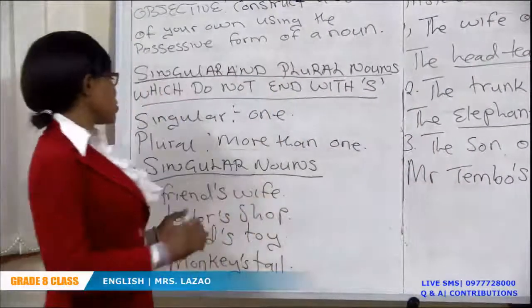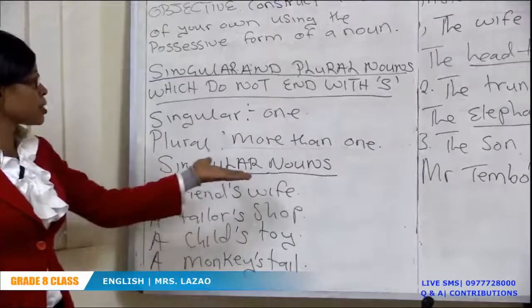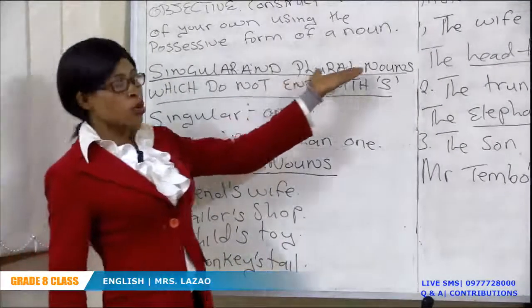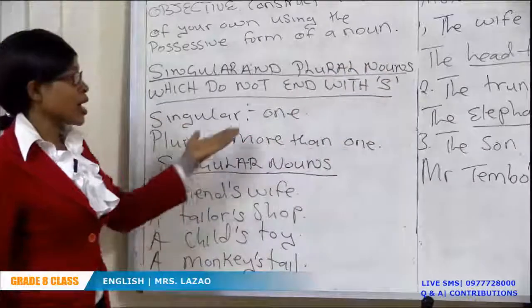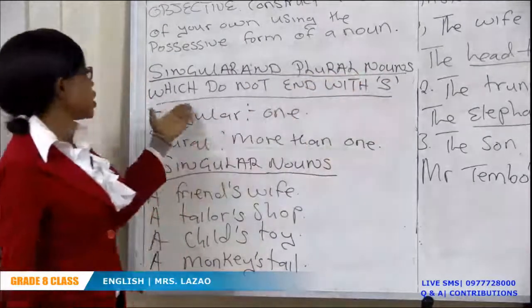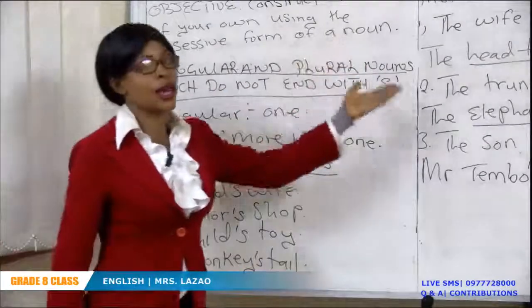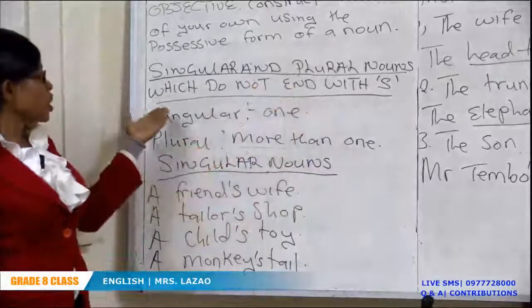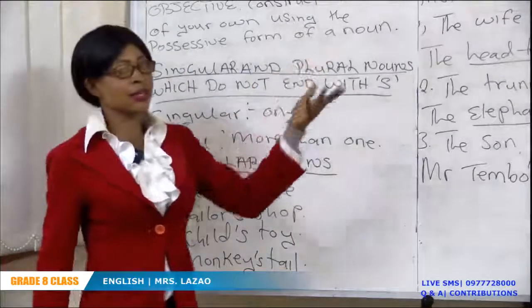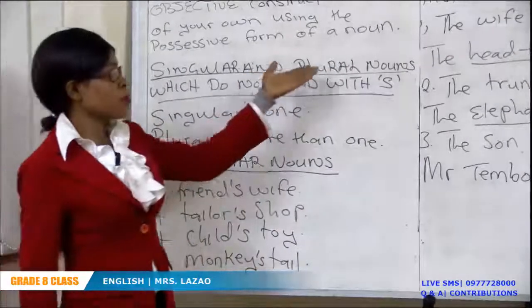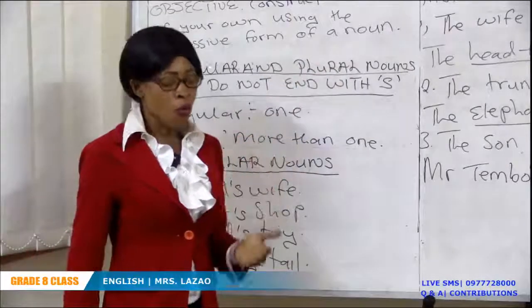Okay, let's continue. We have looked at singular nouns. Let's now look at plural nouns which do not end with S. Remember, I said plural means more than one.